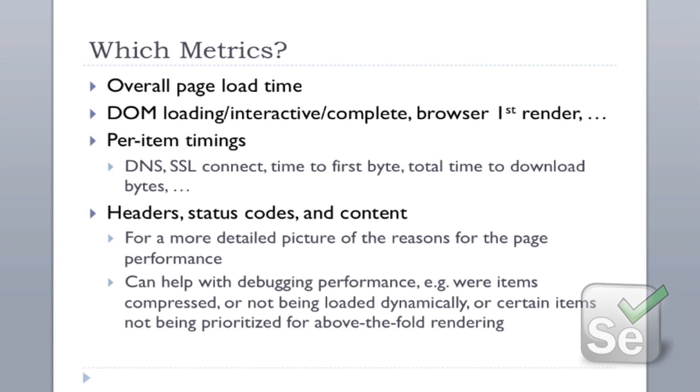Beyond that, once you've gathered all those metrics, you may want to also gather the headers, status codes, and the content. This will be used for debugging or diagnosis. So you notice that one JavaScript file that was fairly slow, and you go look, oh, the header compression wasn't enabled, so that maybe explains why that was so slow.